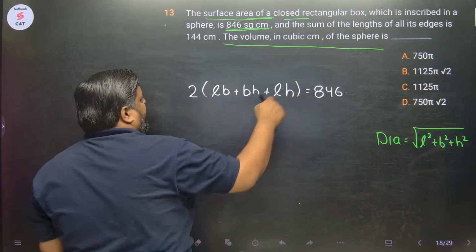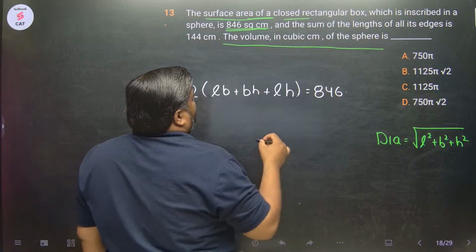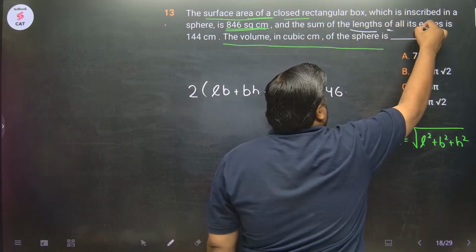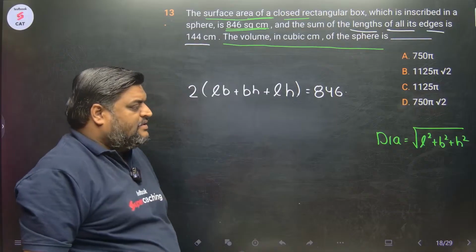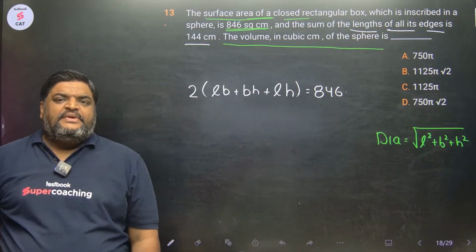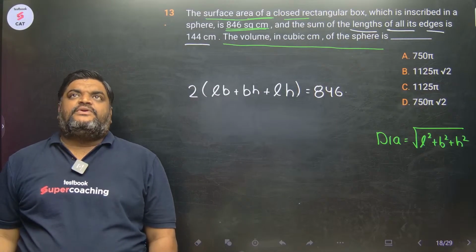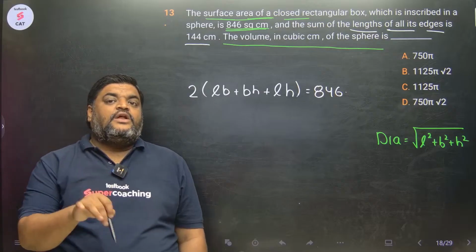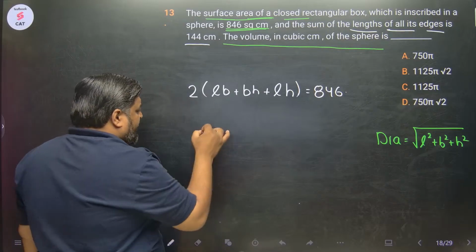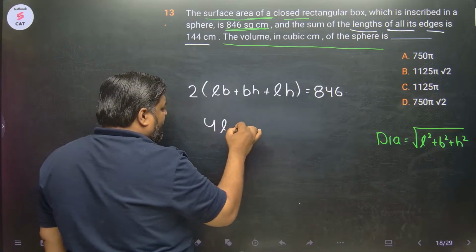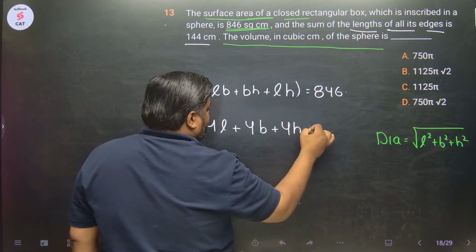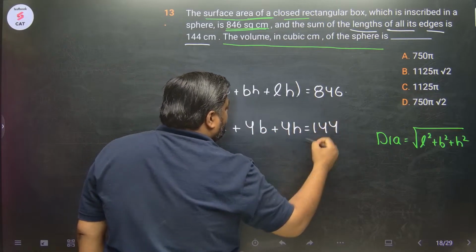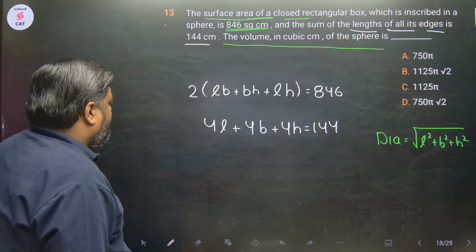चलो, दिस इज व्हाट वी हैव. ऑल्सो द सम ऑफ लेंथ्स ऑफ ऑल एजेस ऑफ द बॉक्स इज 144. हाउ मेनी एजेस आर देयर? 12 edges, 4 along length, 4 along breadth, 4 along height. So 4L plus 4B plus 4H ये गिवन है 144.